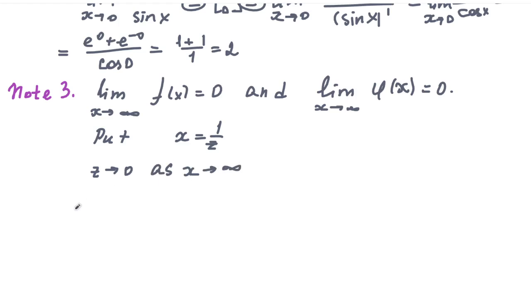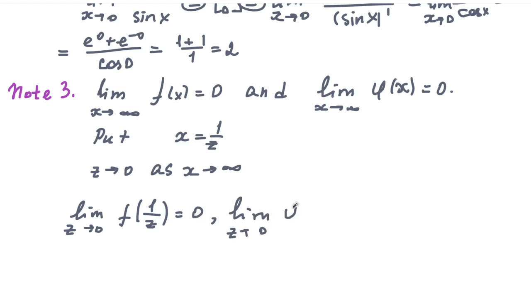And therefore, the limit as z approaches 0 of f of 1 over z is 0, and the limit as z approaches 0 of phi of 1 over z is 0 too.